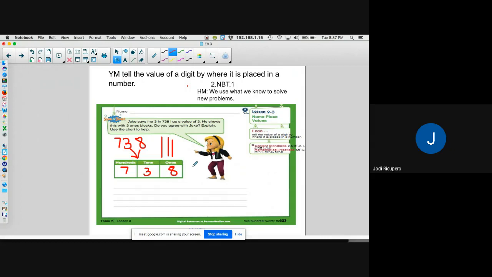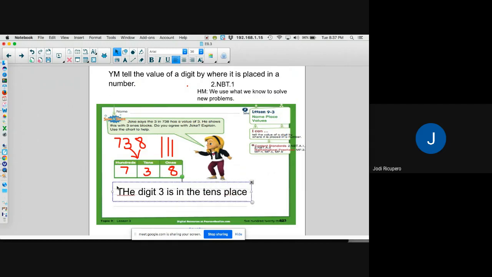Therefore, the value is 30. The digit 3 is in the tens place. Therefore, it has a value of 30.